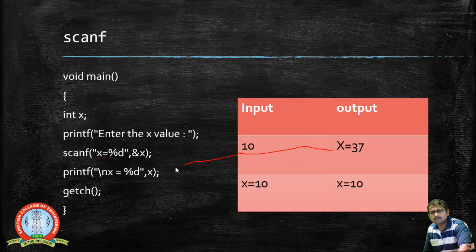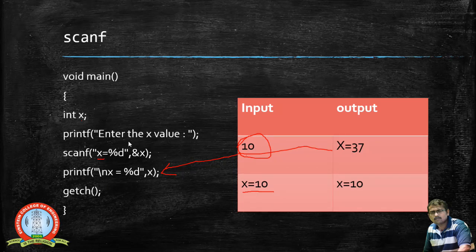This 37 will get printed if you are using a value of x as 10. Since you have specified inside the scanf statement x is equal to percentage d, you should give the input as x equal to 10.